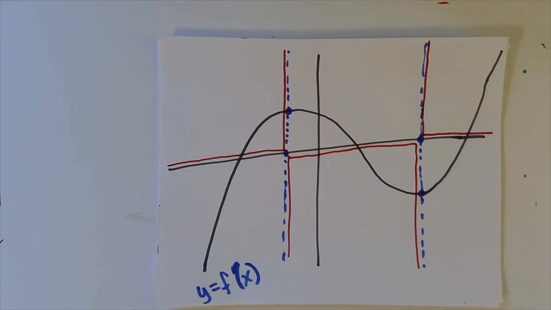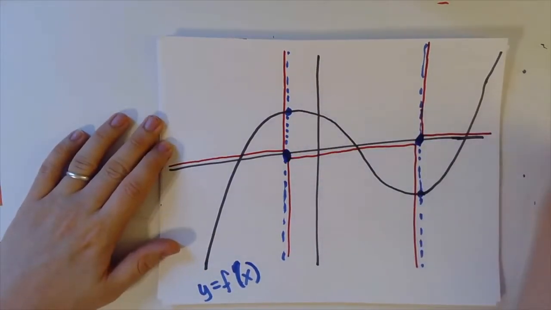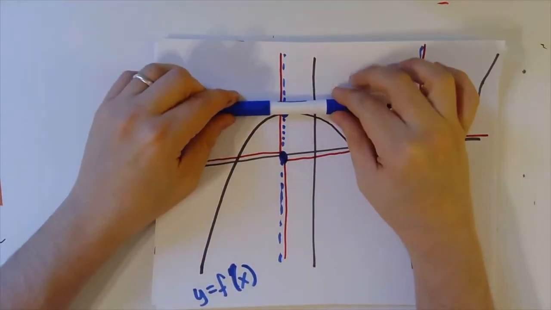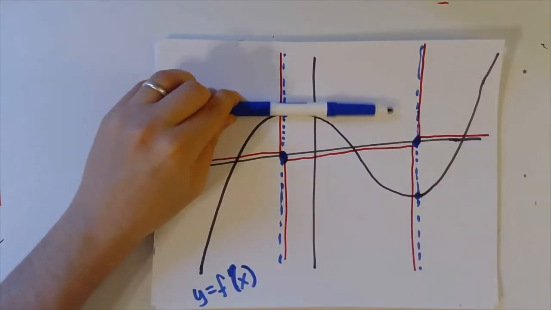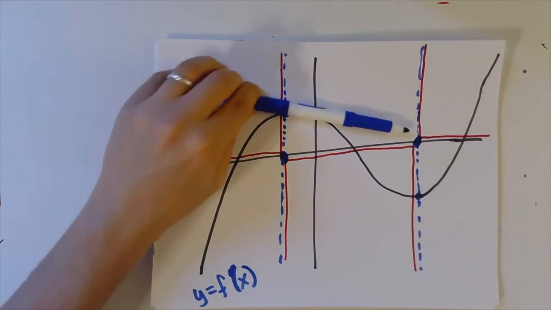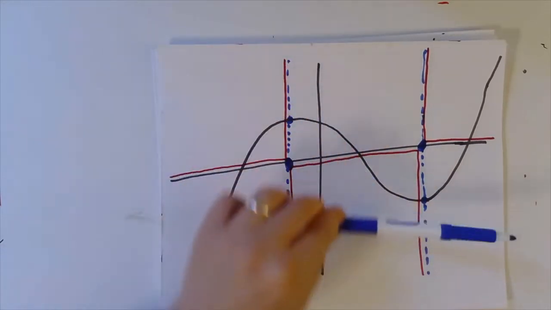Okay, so now I just have to think about what the graph actually looks like. So I know I need to connect this point to this point in the middle. Okay, so here the derivative is 0. And then I want to think what happens as I move from left to right. Well, here the derivative is 0. Here it's negative. And of course it's negative all the way along.